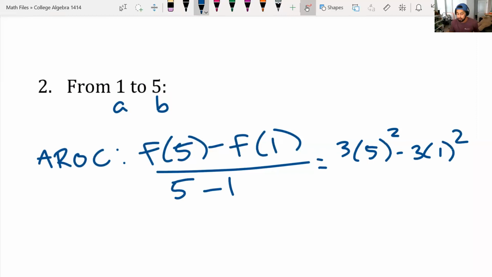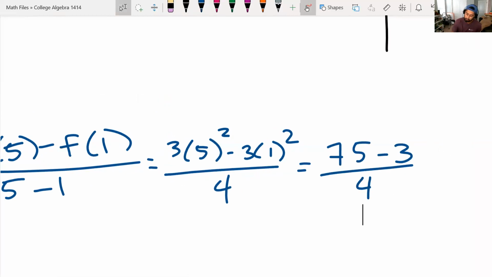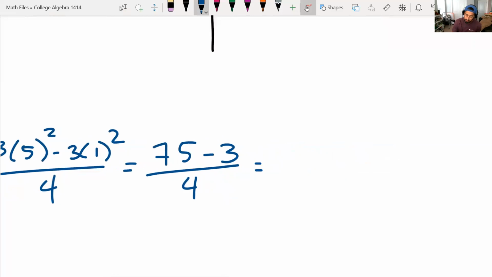Remember, we're still using the function above, 3x squared, over 4. And then you get 25 times 3, 75, minus 3 over 4. 72 over 4, and that is 18, right? 4 into 7 is 1, remainder 3, 32, yep, 18.